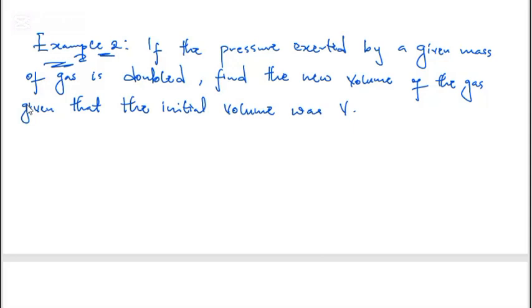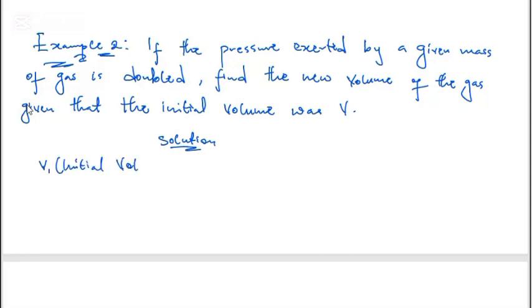If the pressure exerted by a given mass of gas is doubled, find the new volume of the gas, given that the initial volume was V. So, solution. What was given in this question? We have our V1, that is our initial volume.